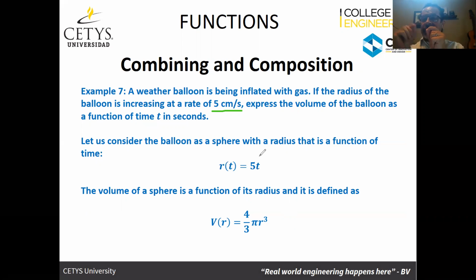Every time 1 second passes, the radius is increased by 5 centimeters. So at t equals 1, we're going to have 5. At t equals 2, we're going to have 10, and so on and so forth. So this is a function of the radius with regards to time.